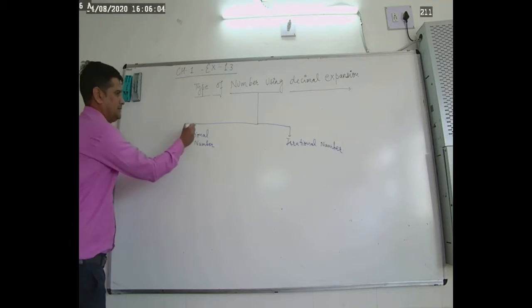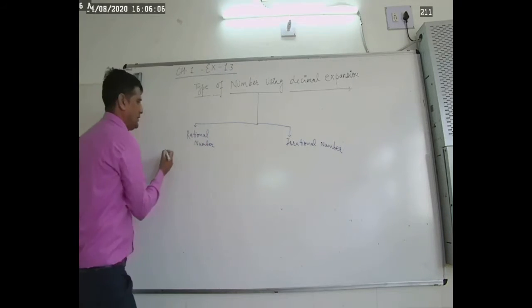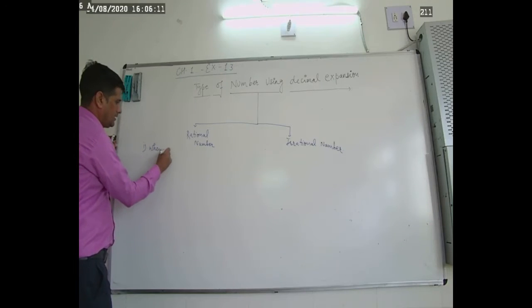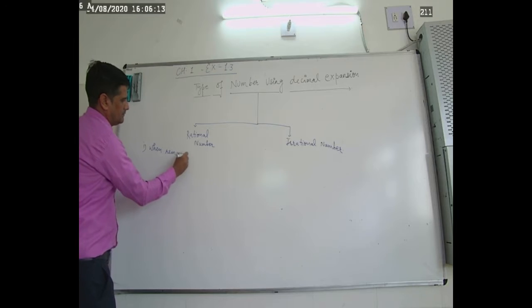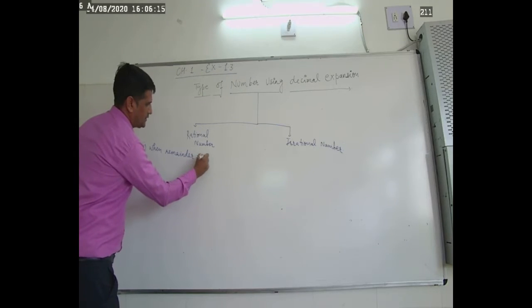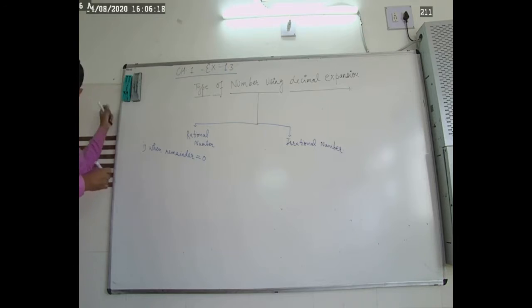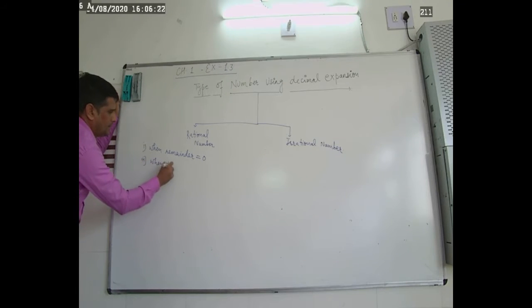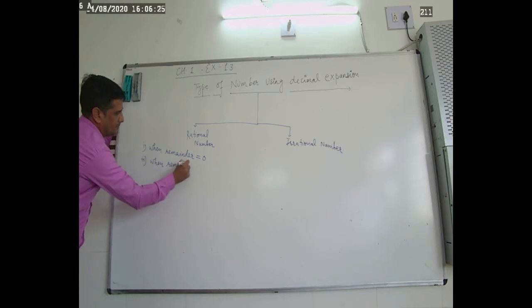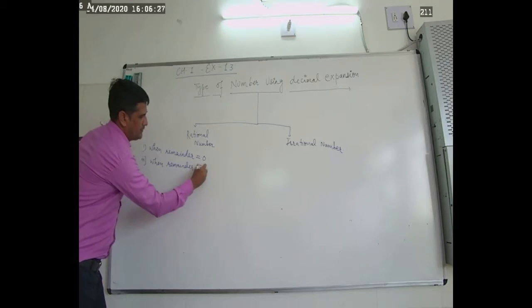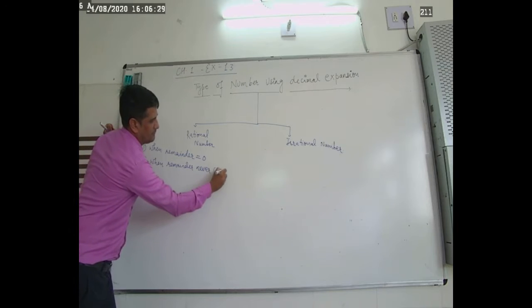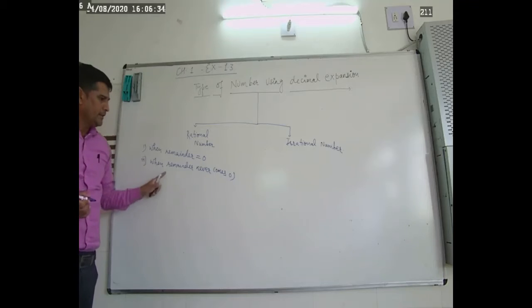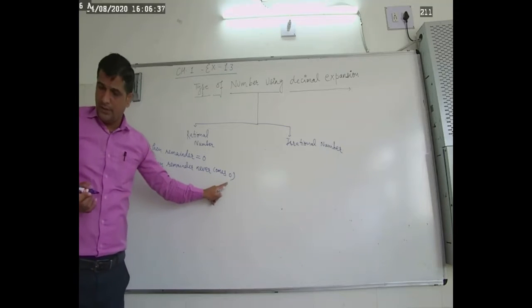In this case, the number will be rational, number one, when the remainder becomes equal to 0, and second, when the remainder never comes 0.